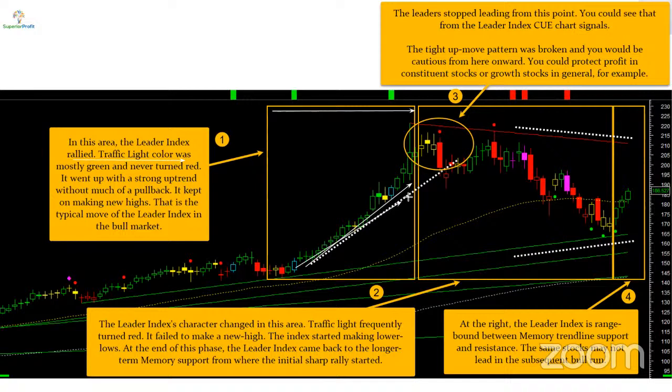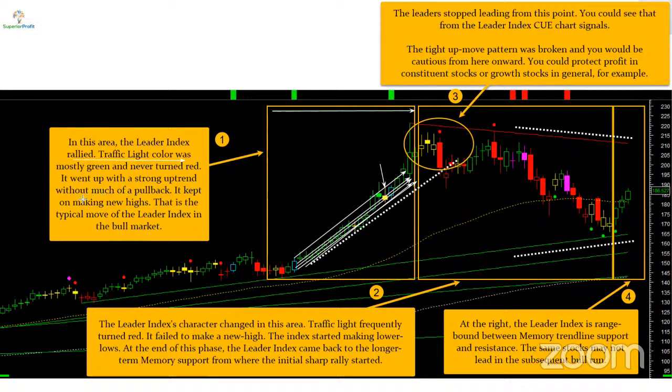So in this area, by definition, leader index constituents go from bottom left to top right. And in this period, the custom index itself was also doing that. And the traffic light colors never turned red. One time only turned yellow. All the candles were green. And at that time, you can imagine there was surely memory trendline support hugging the low of these candles.